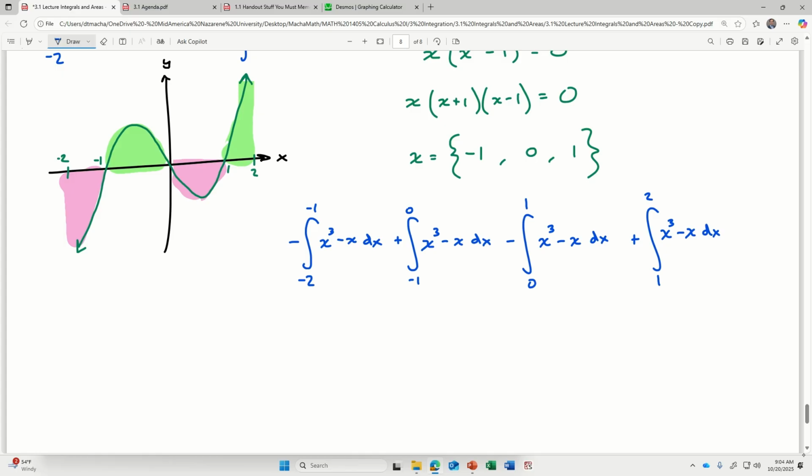So, antiderivatives now, right? We've got to do that. We're going to take the antiderivative of x cubed, which is 1 over x, no, 1 over 4x to the 4th. Very good. 1 over 4x to the 4th. And then the antiderivative of minus x will be minus 1/2 x squared, yep.